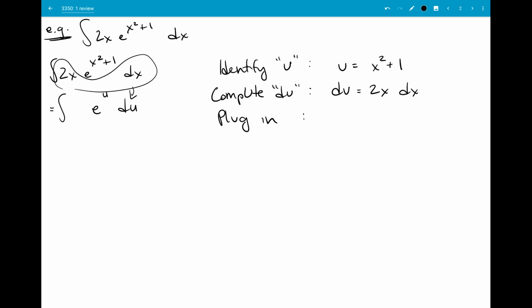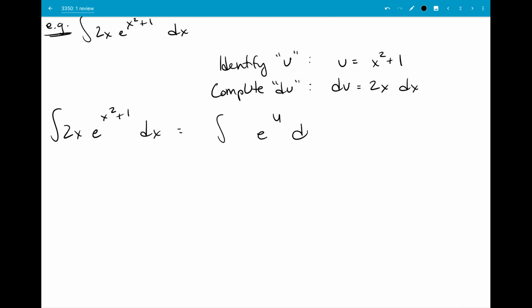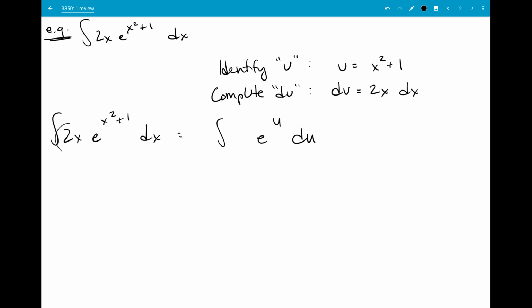I don't know why I put it all up there. It's actually pretty much done with the problem at this point. So I will write it nice and big right here. So e to the x squared plus 1 became e to the u. And then my 2x dx was du. And then you integrate this thing with respect to u.